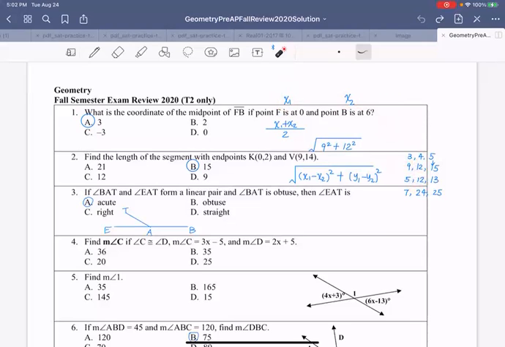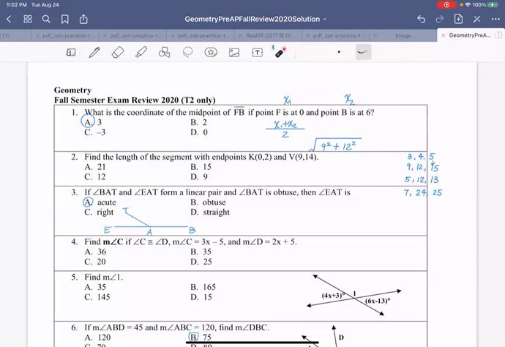Yes. Okay. Now, number 2. Find the length of the segment with the endpoints of this. These are the 2 endpoints. Valeria, do you remember the distance formula?